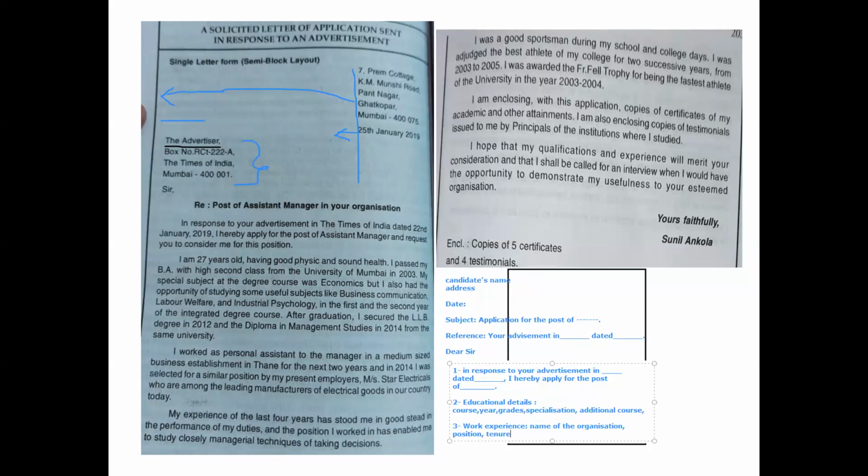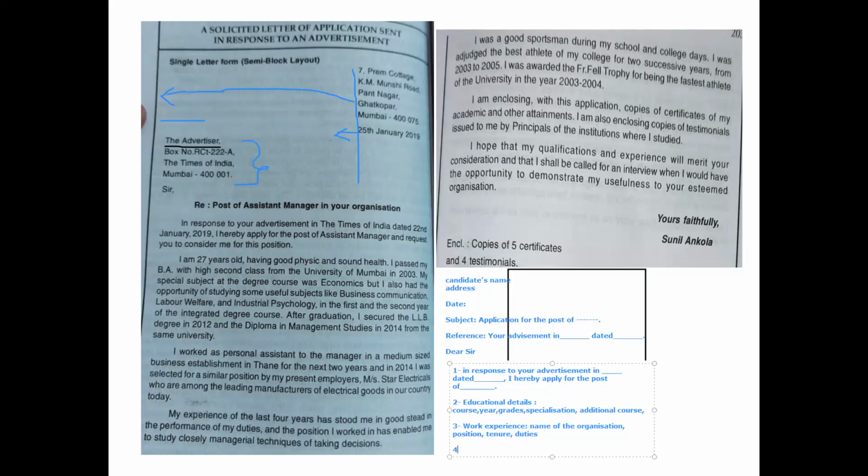If you are working there, you can mention till date, or you can mention for 2 years I was working there. Tenure means period, for how many years you are working in that organization. Then the basic duties you are performing there, your roles and responsibilities, you can mention. I hope this is clear.